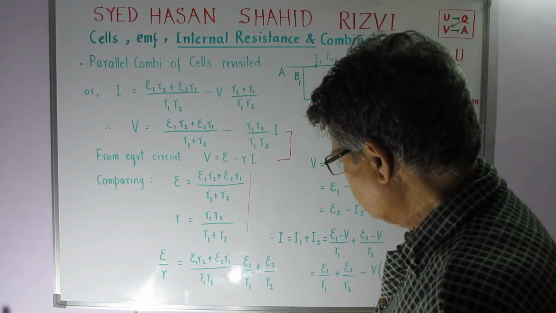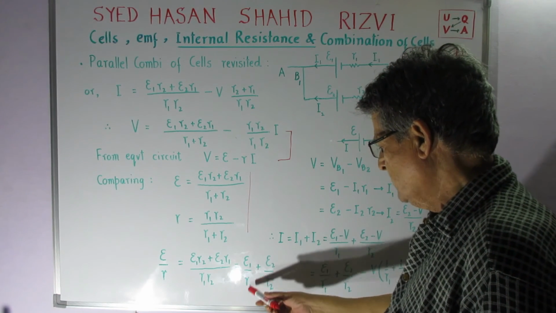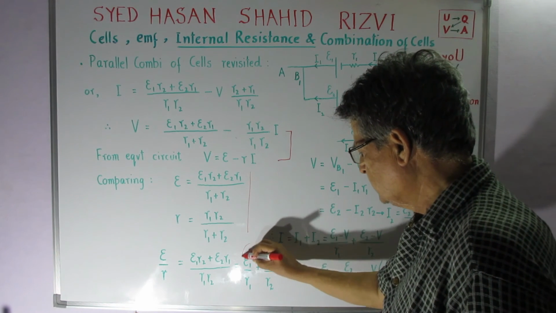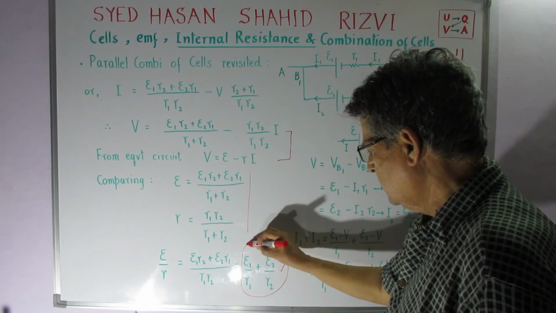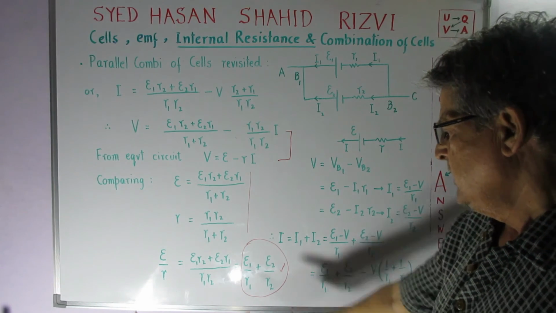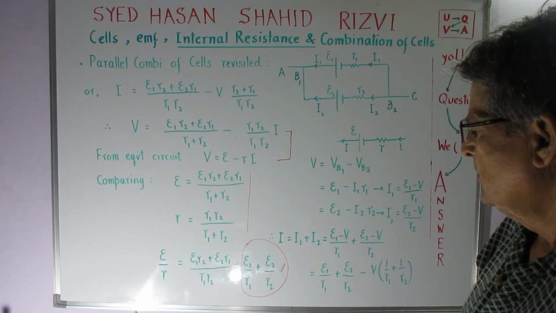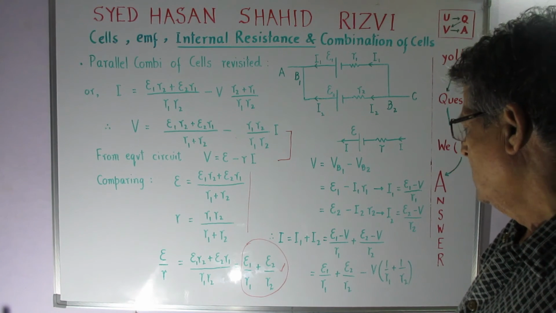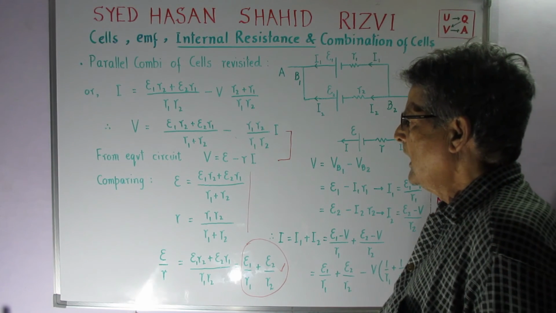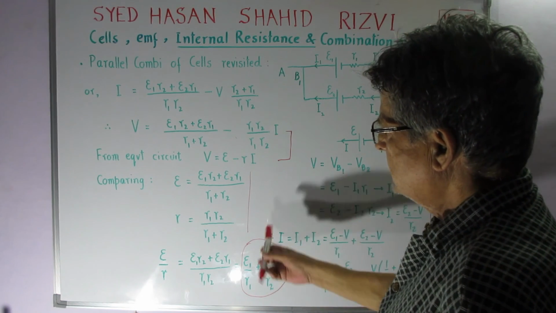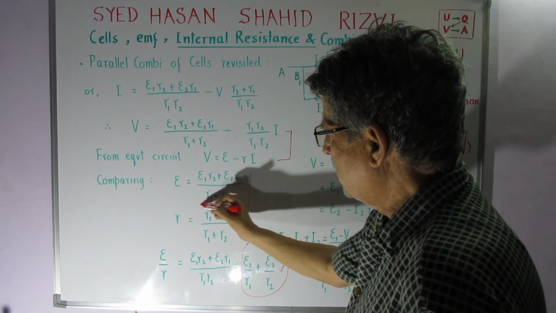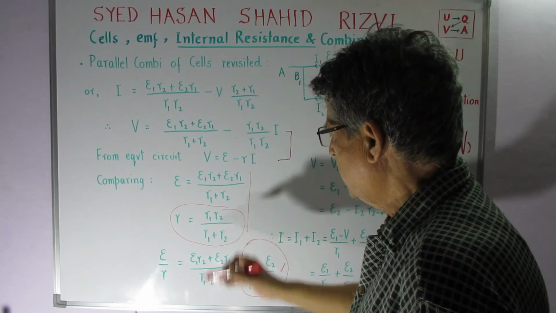which I can write as E1 upon R1 plus E2 upon R2. So this is the result that we obtained for the exercise: E upon R is equal to E1 upon R1 plus E2 upon R2. And of course the resistance R is the combination of these resistances.